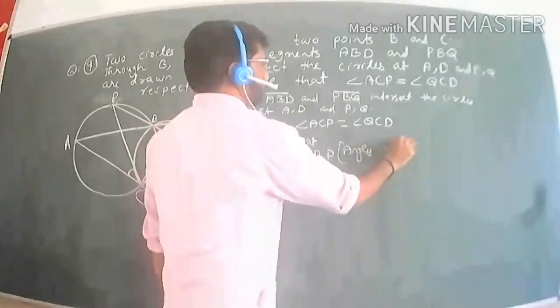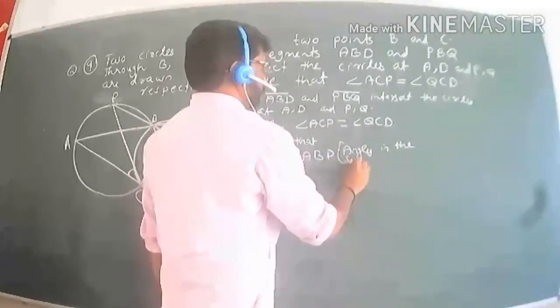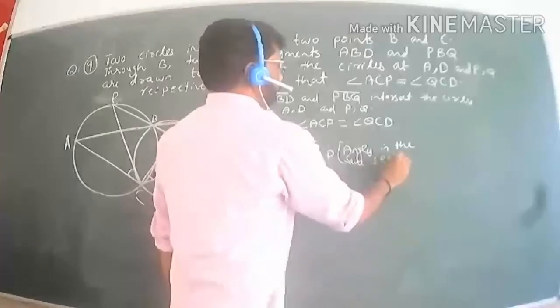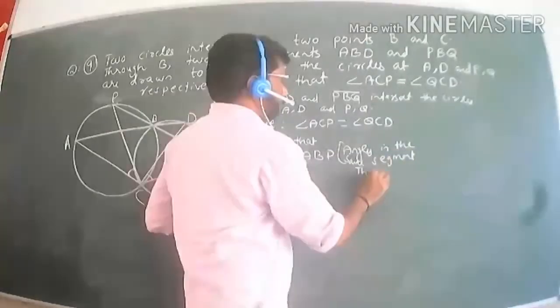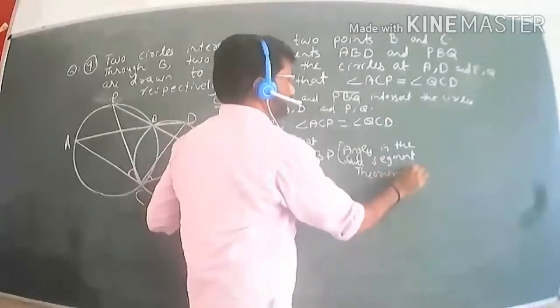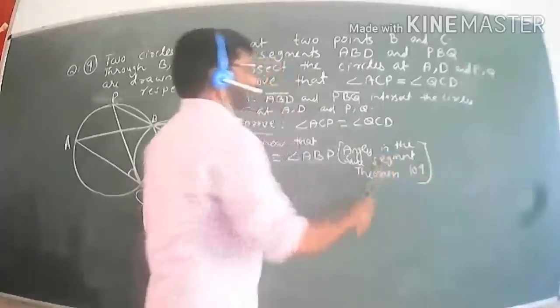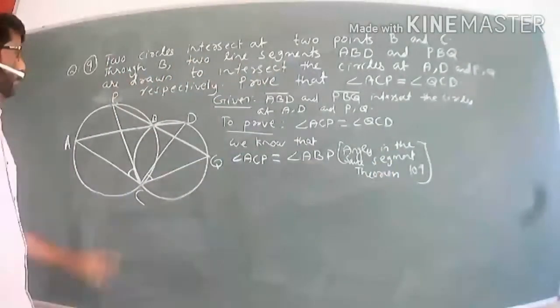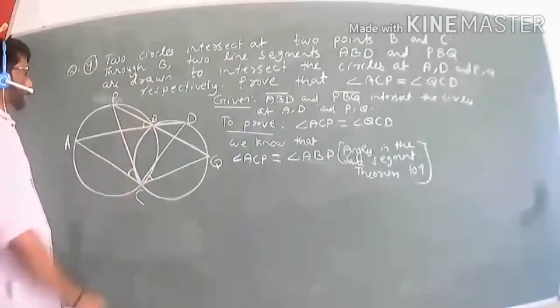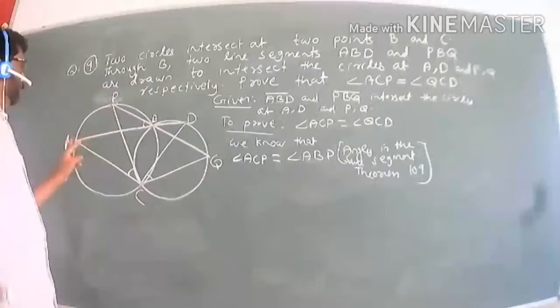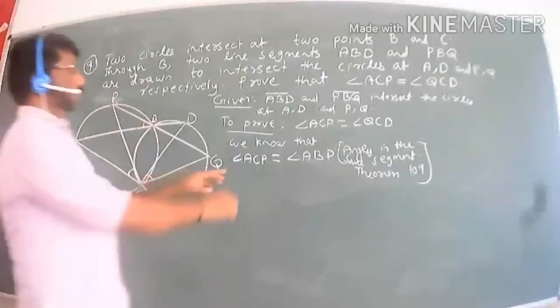Which theorem says that angles in the same segment are equal? Theorem 10.9. Angles in the same segment are equal. So these two angles are equal. Angle ACP equals angle ABP.